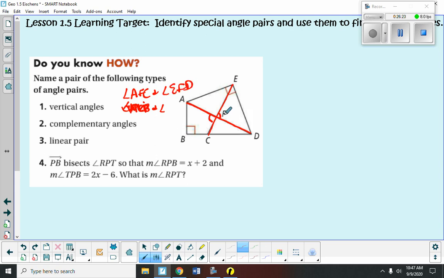So that would be this angle pair, vertical angle pair. Another vertical angle pair would be this set, and that's angle AFE and angle CFD. Those are vertical angles.